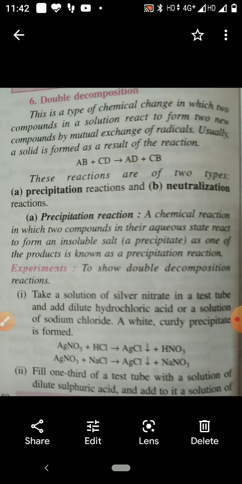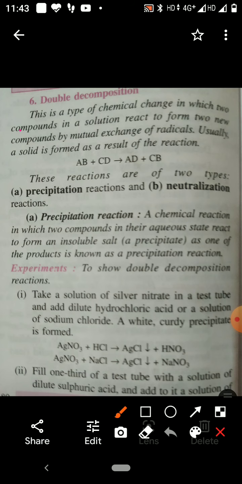see, one compound is silver nitrate. Other compound is sodium chloride. Both compounds are taken in the aqueous solution. Both compounds will decompose. Silver nitrate decomposes into silver and nitrate.